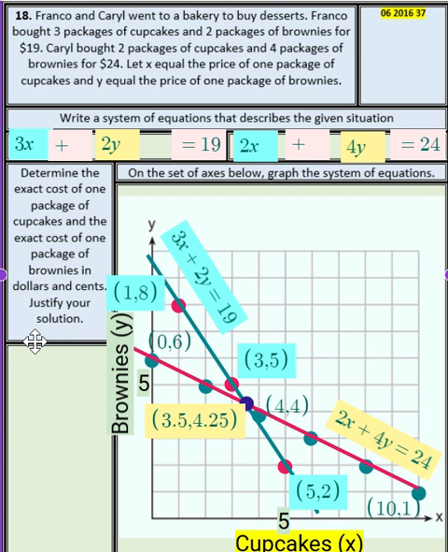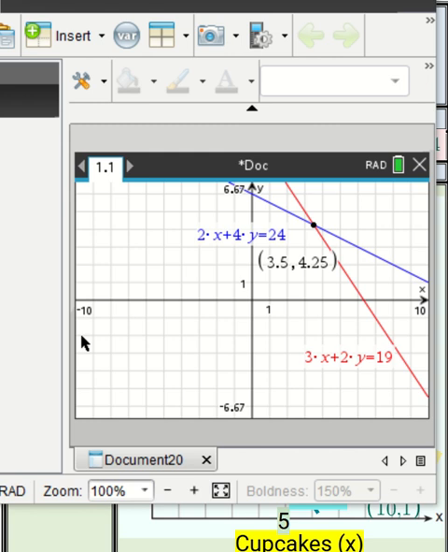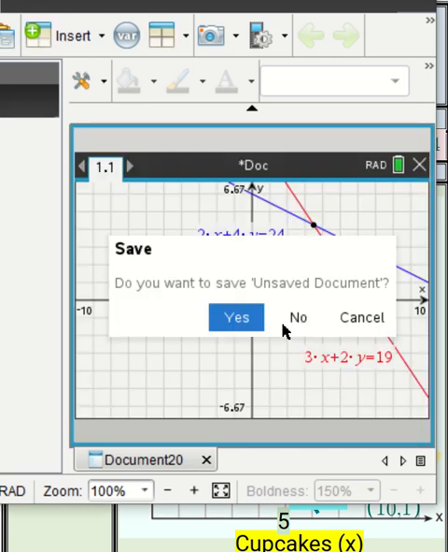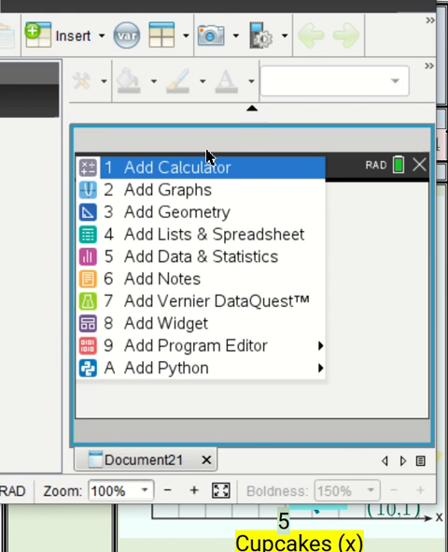So my recommendation, the best justification I can make is to store these values in my calculator and then show that it works for both equations. So let's go to a calculator page. So home screen, new doc, say no to drugs, add a calculator page.